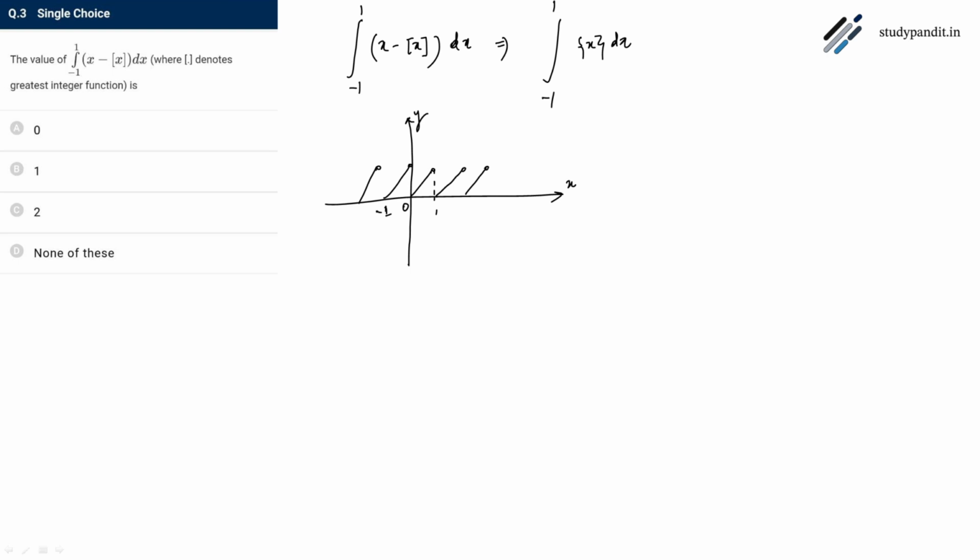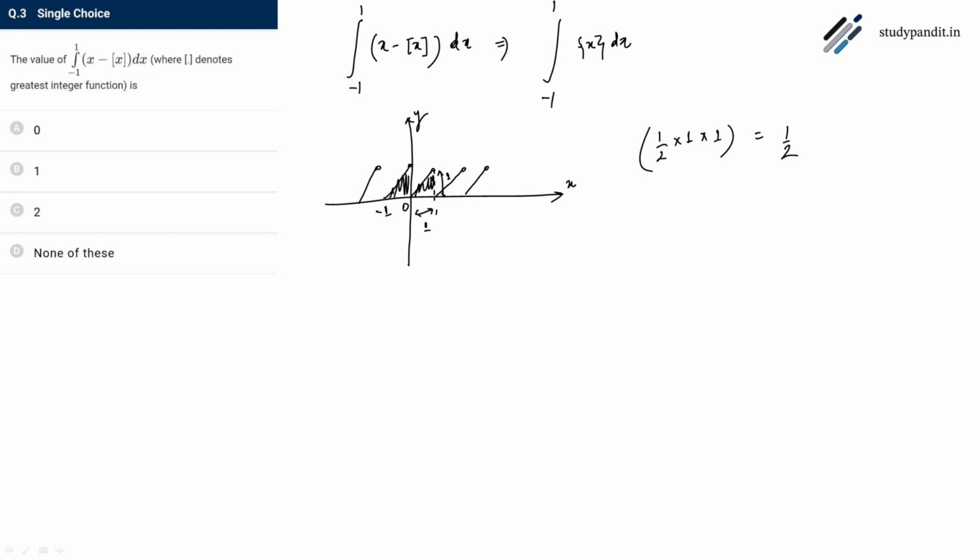So we have to find the integral from minus 1 to 1. So it is nothing but the area under the curve, this and this. So this is 1 and this length is also 1. So the area will be half base into height, it is equals to half.